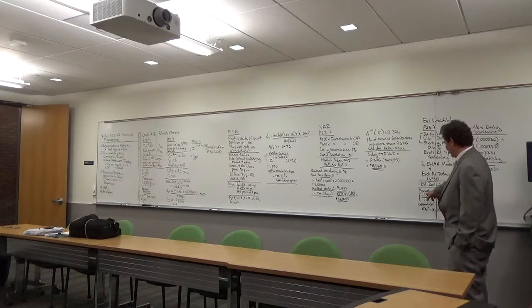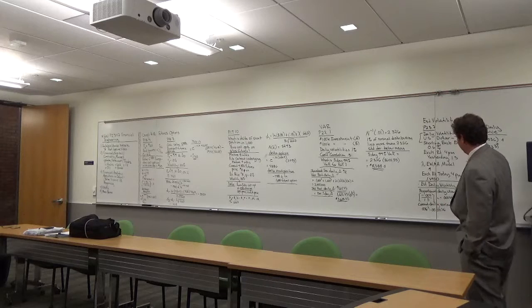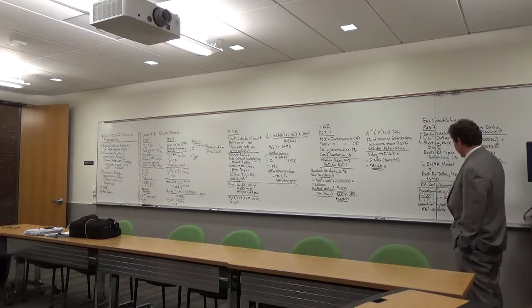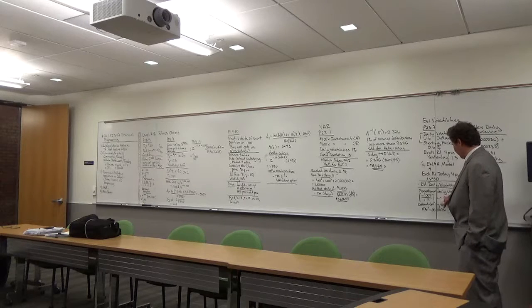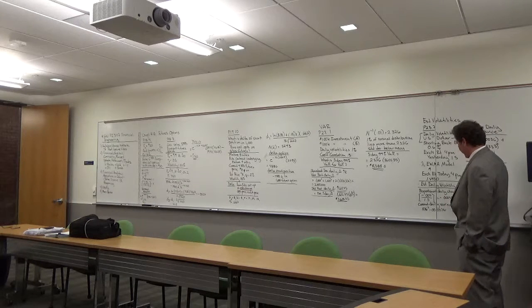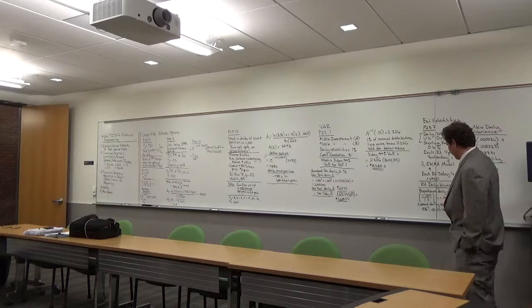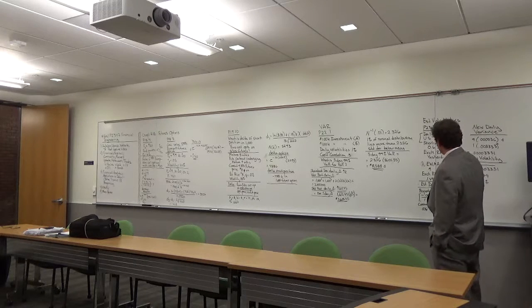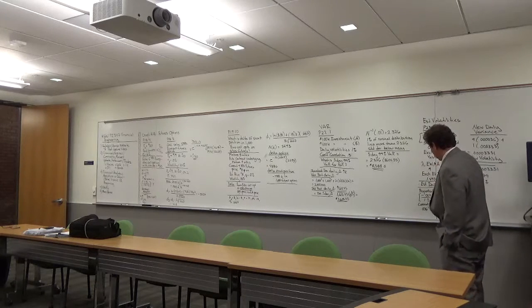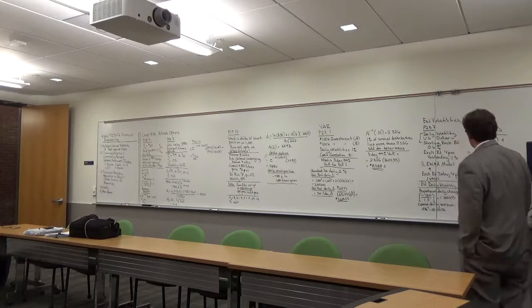So you can take negative 0.005 divided by the 1.5, which is going to give you the proportional daily change, which is negative 0.00333. And the current daily variance, which is 0.006 squared, is going to give you 0.000036.